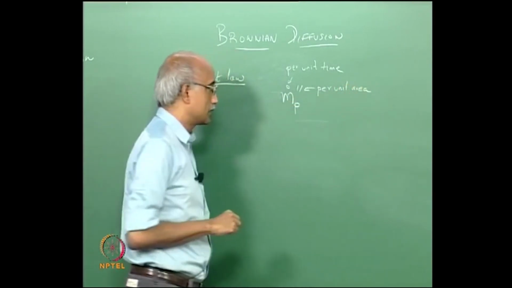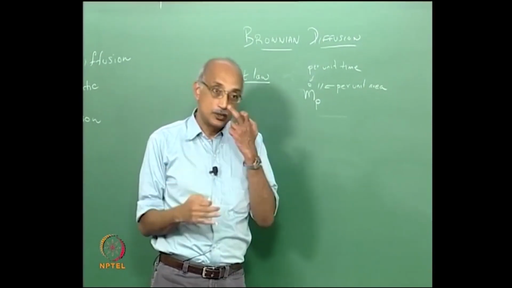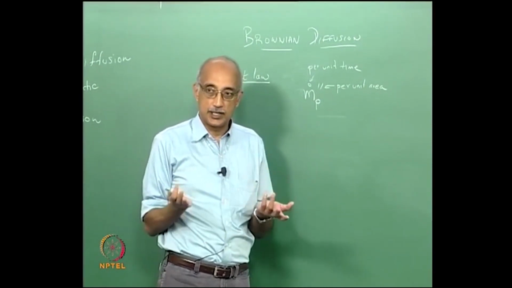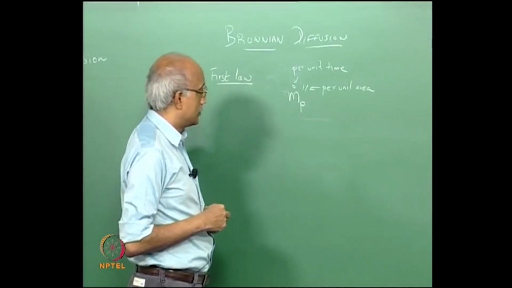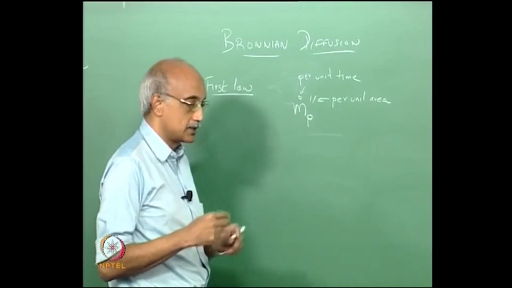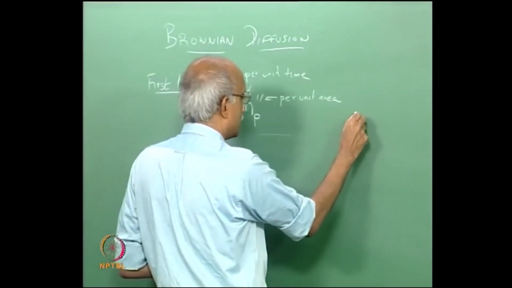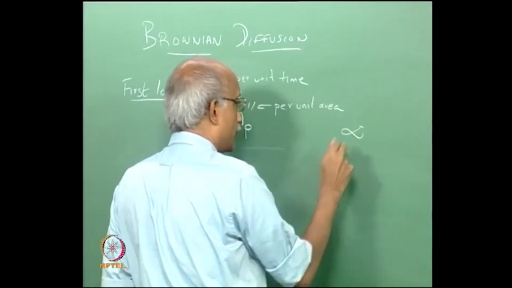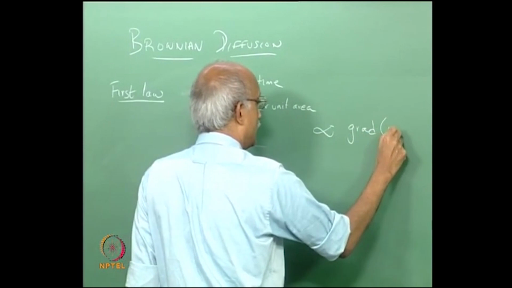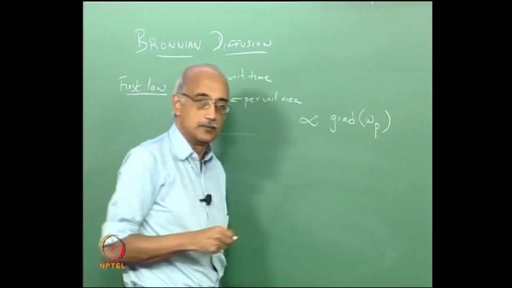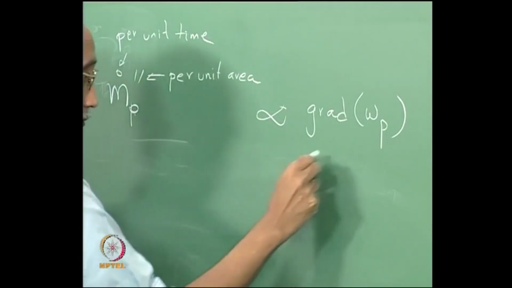So, MP dot double prime represents mass of particles transported per unit time per unit area, which is the definition of mass flux, right. So, Fick's law as extended to particles would say that this is proportional to the gradient in omega p, where omega p is the mass fraction of the particle, right.